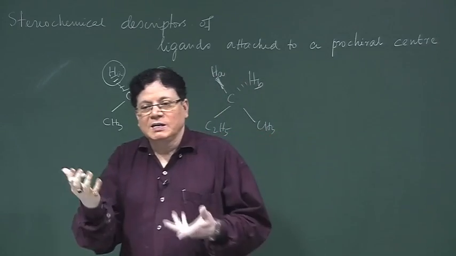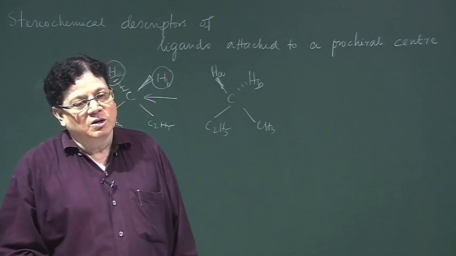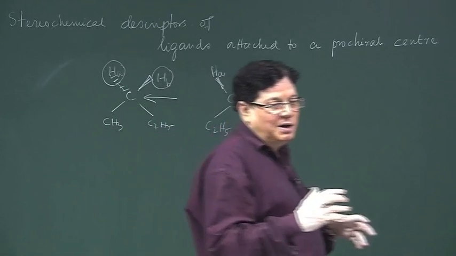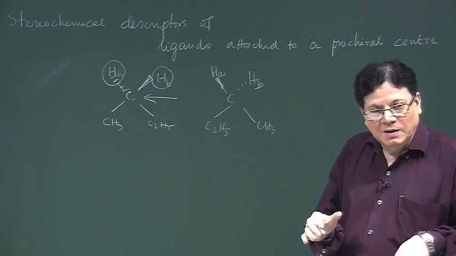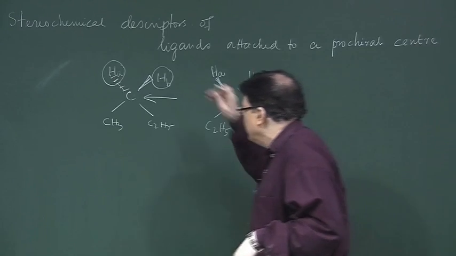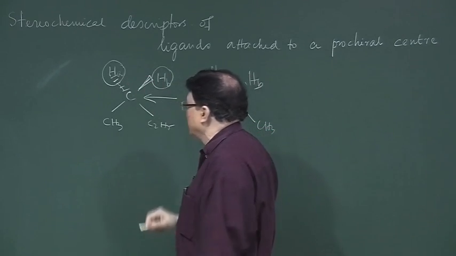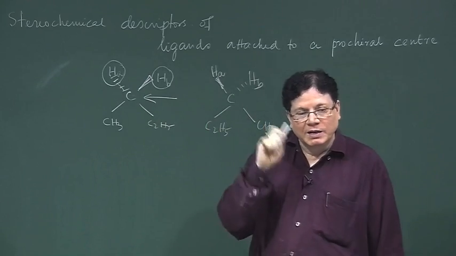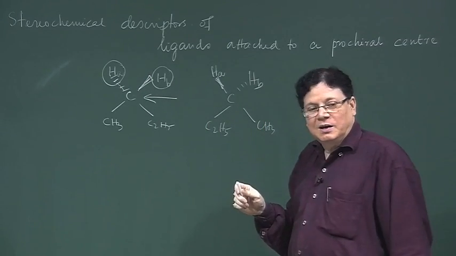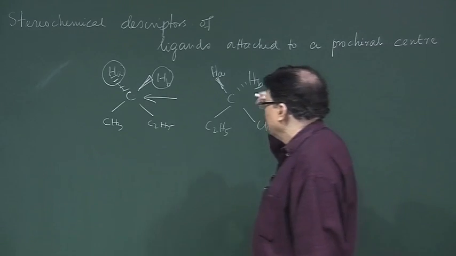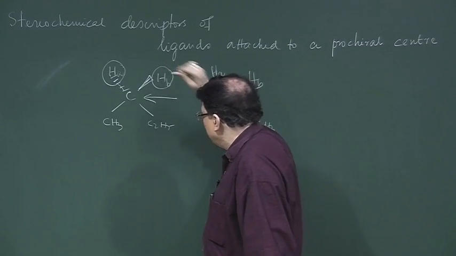So, they can constantly change. The way you write it depends on that, but the descriptor should be independent of that. It does not matter how you write it, if I assign a descriptor for these hydrogens, not alpha beta, because alpha beta keeps on changing, but a descriptor like R S, then I can tell which hydrogen I am talking about.